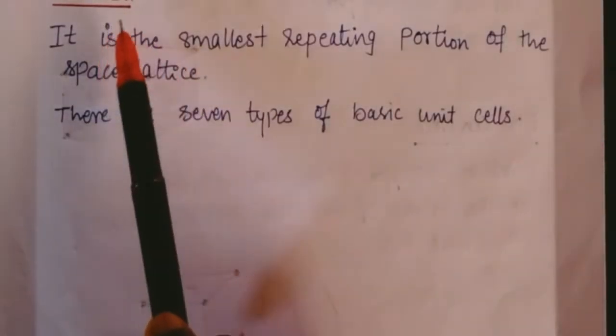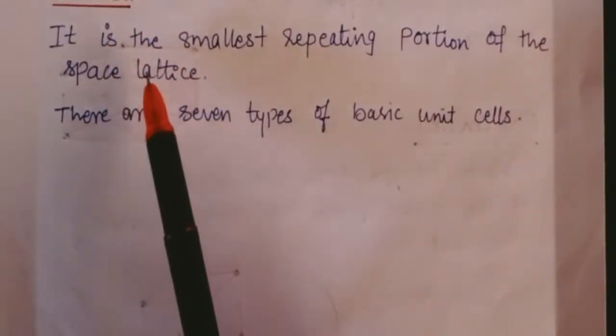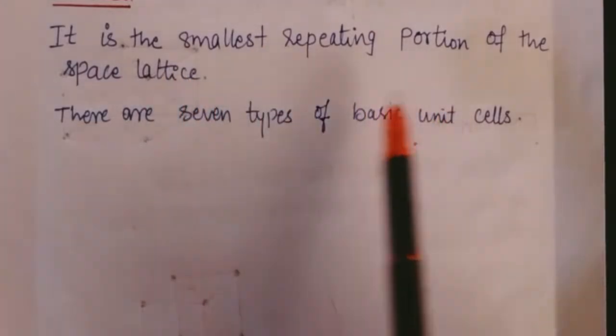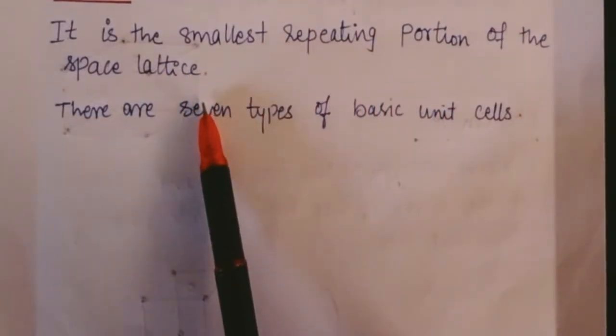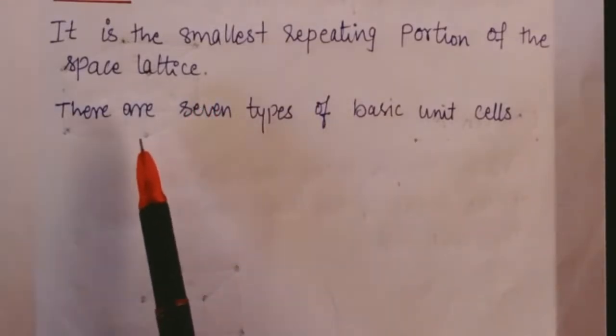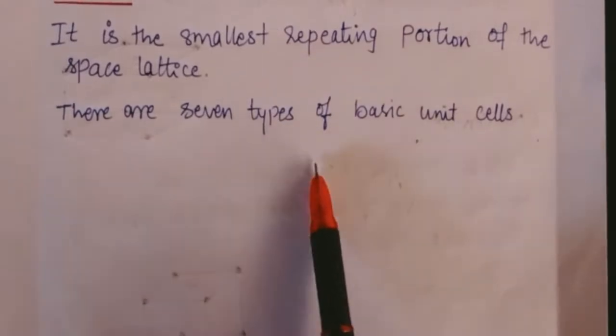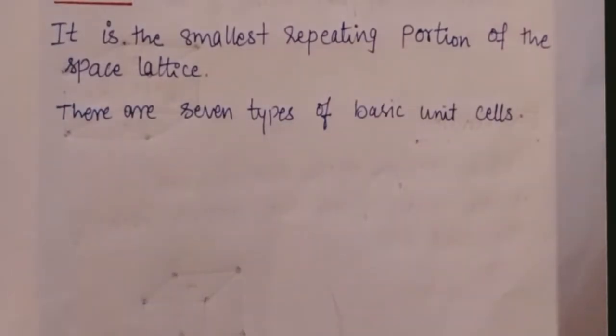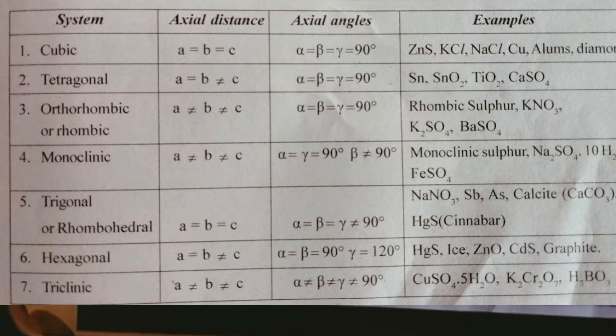The next one is the unit cell. It is the smallest repeating portion of the space lattice. There are 7 types of basic unit cells, and those are cubic, tetragonal, orthorhombic or rhombic, monoclinic, trigonal or rhombohedral, hexagonal and triclinic.